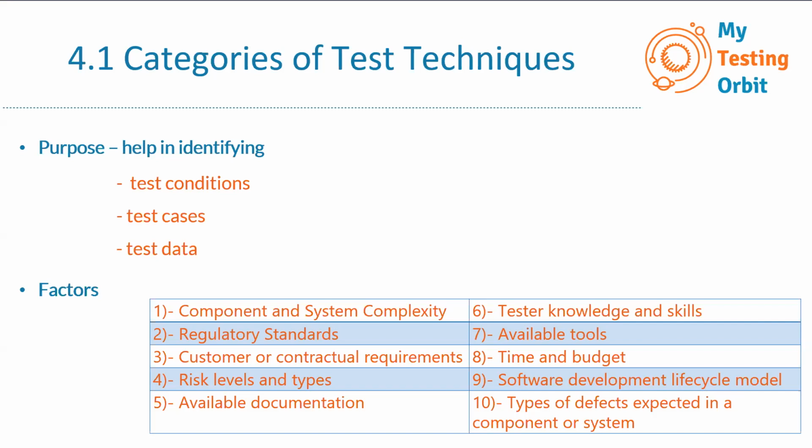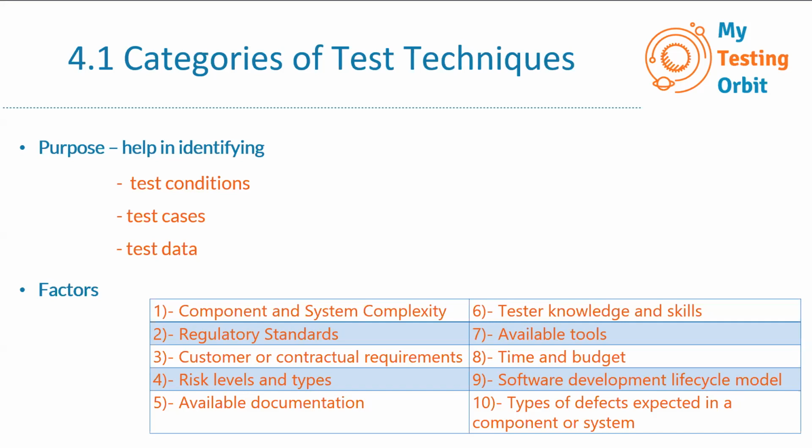Number 5, available documentation. For any project, the level of documentation available plays a very important role in choosing the test technique. Number 6, testers' knowledge and skills. How experienced a tester is in that specific domain in which the project is. Number 7, available tools. 8, time and budget.